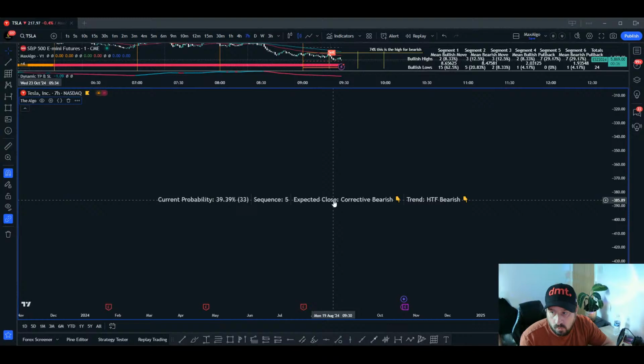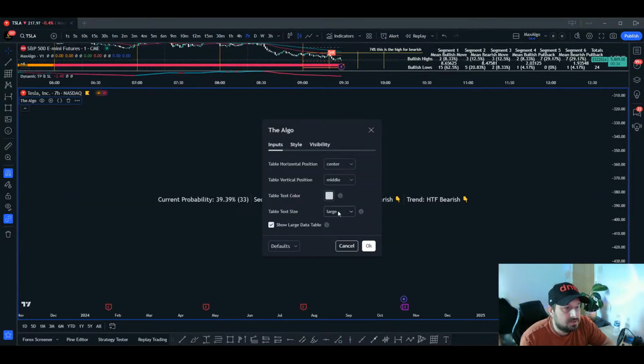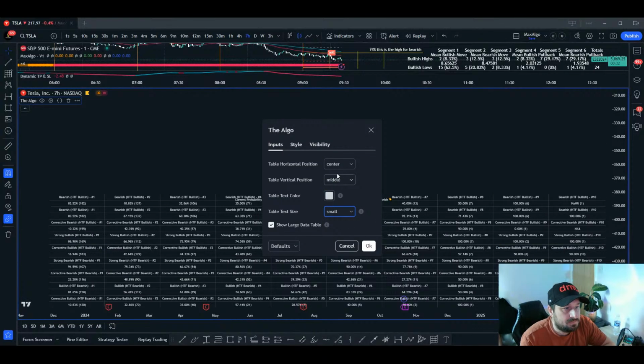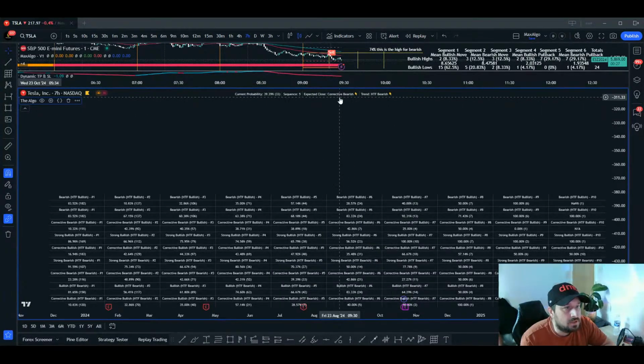Obviously, we could look at what it's going to be in the table. So we can look at the table, and let me just move that to the top and go, we're corrected bearish, high time frame bearish, sequence 5, sequence 6 is 42%. So again, that probability is moving more to the middle. So if we do move into a sequence 6, it'll be 42%.